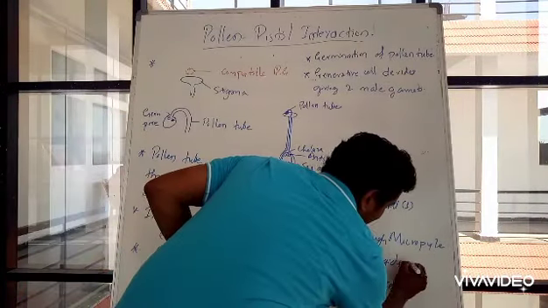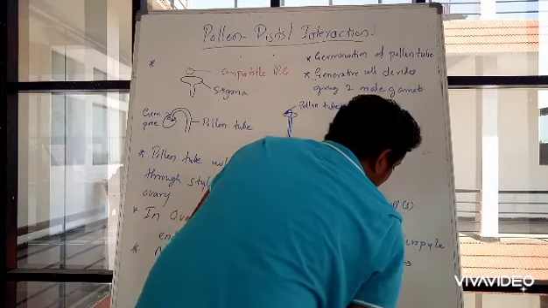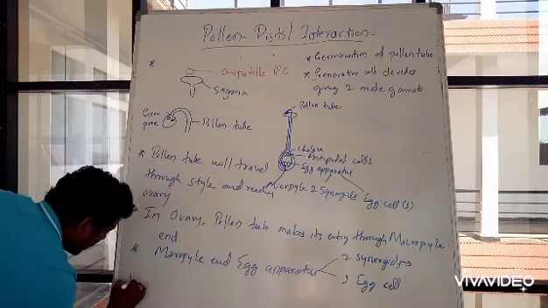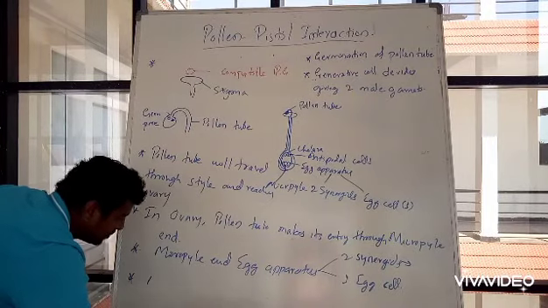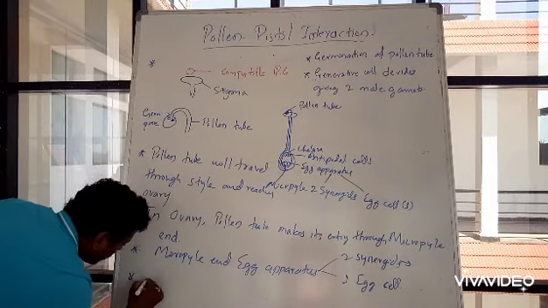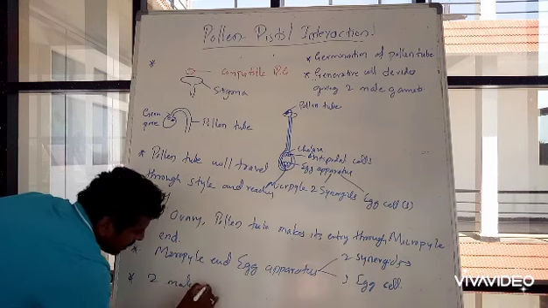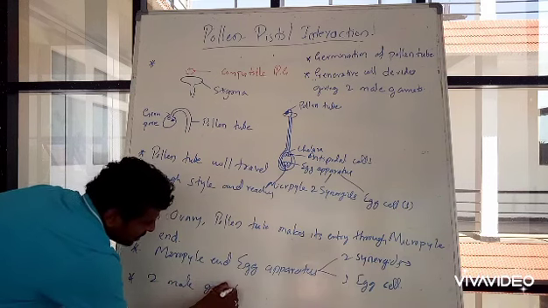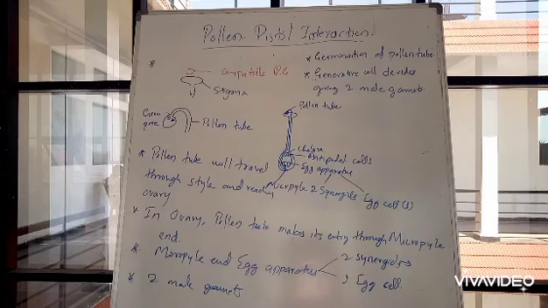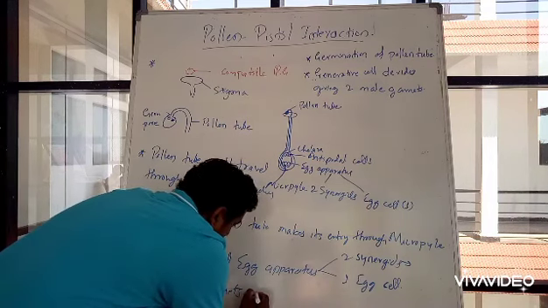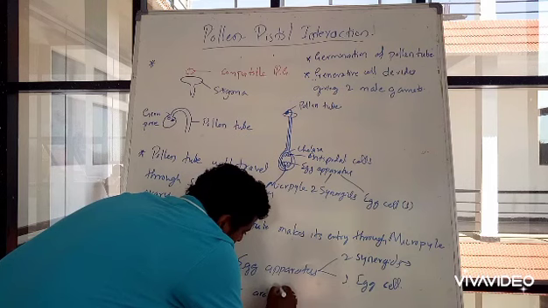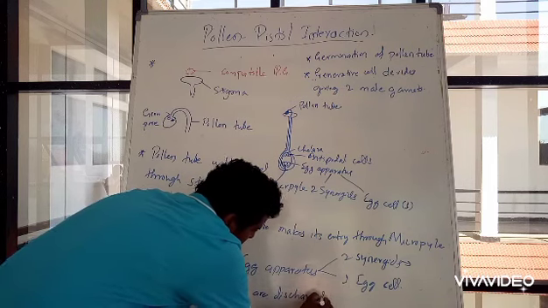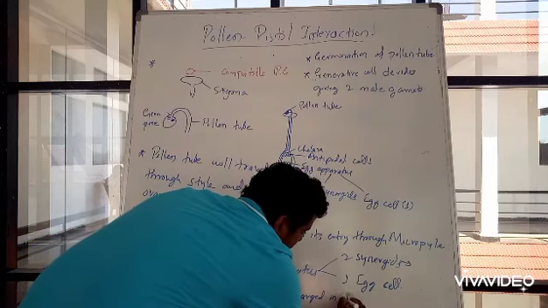The male gametes are discharged in synergid cells. I will write one point here: the two male gametes are discharged in synergids.